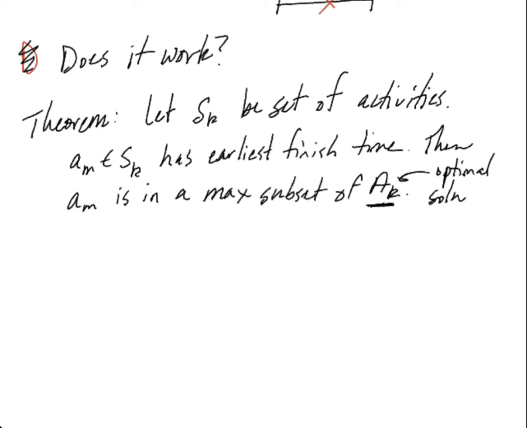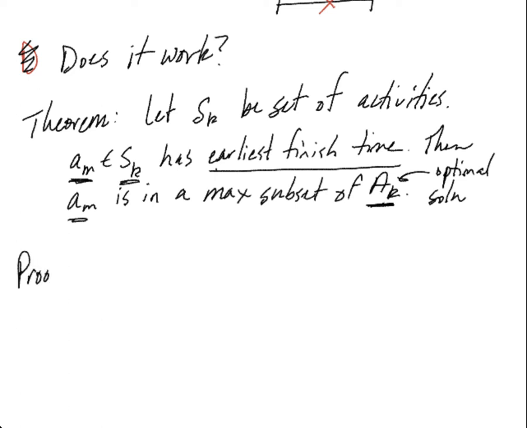You might have one solution that has 3 activities and another solution that has 3 different activities. That's totally possible. Well, all we want to show is that if A sub m has the earliest finish time in the ordered set of activities, then A sub m is in a max subset of A sub k. And if that's true, then the greedy algorithm works.